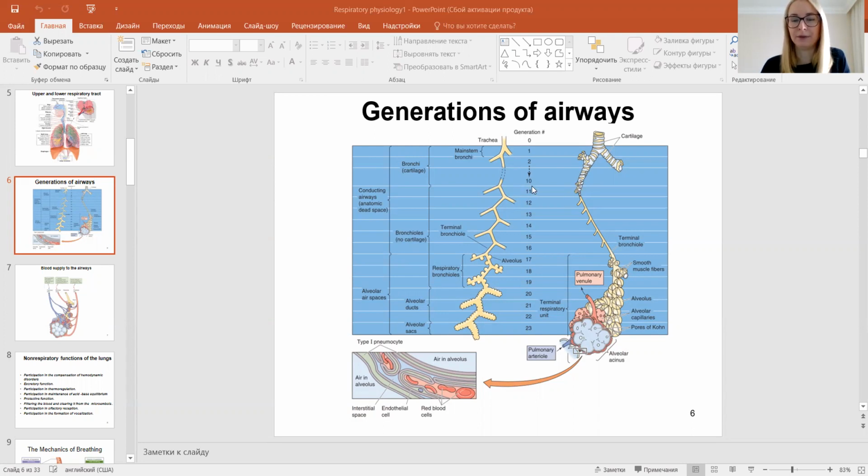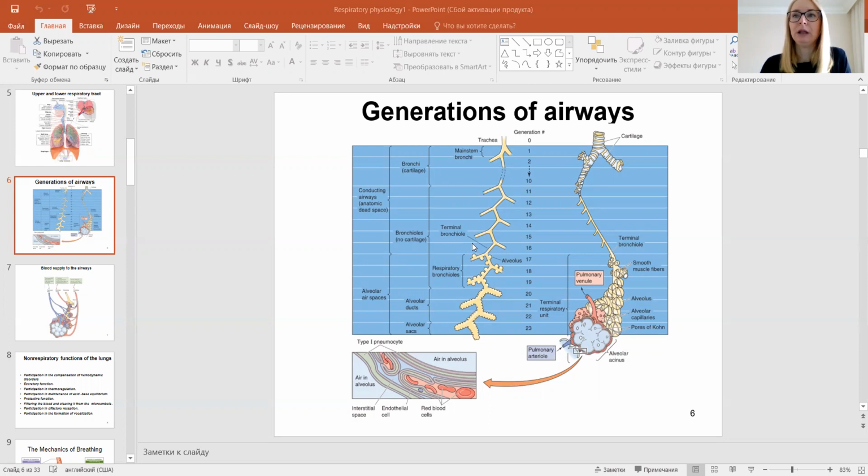Starting from the 11th generation, all these airways are free from cartilaginous rings and are called bronchioles. And only negative pressure in the pleural cavity prevents their collapsing during expiration.